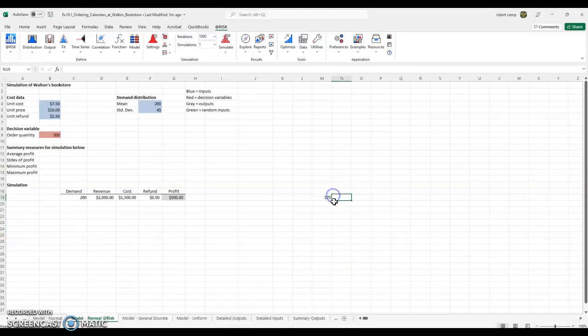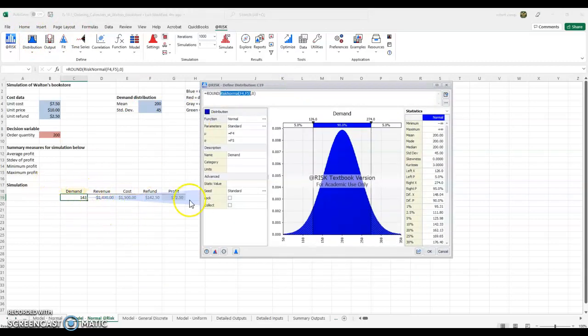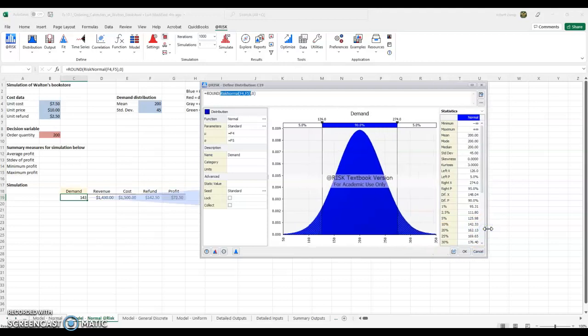So what I want to do here is, this is the sheet that we worked on in class. I want to go over here to where the demand is, because this is where my risk formula is. And in fact, let's take the round off of it. Not that it really matters, because we're going to be looking at the distribution itself. So if I click distribution, since I already have the distribution there, you see the blue arrows pointing to the demand, here's all of my information on that distribution.